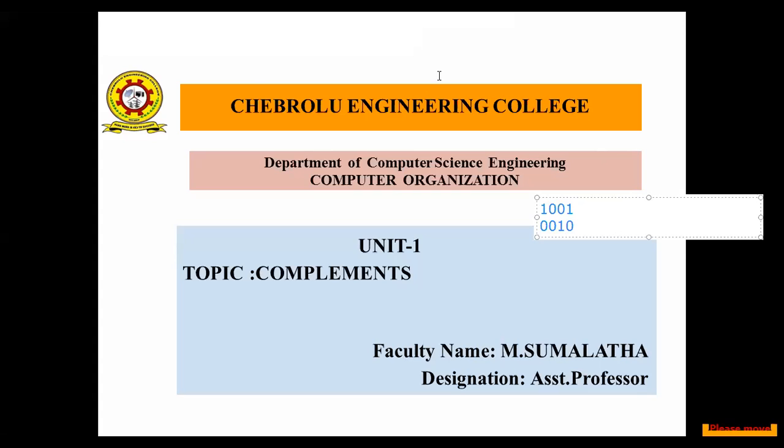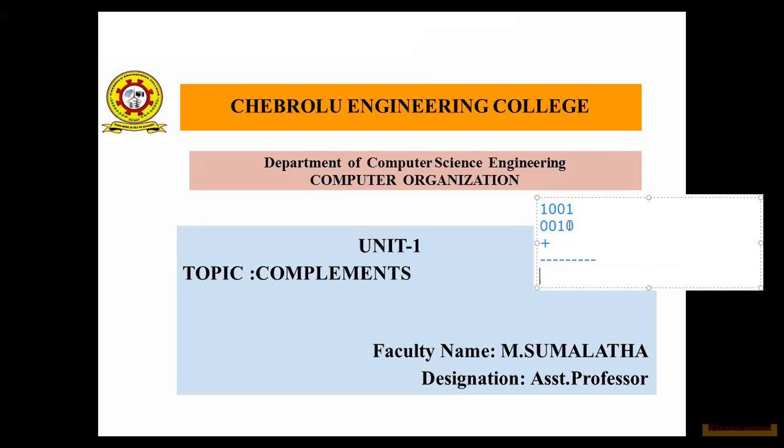These are the two binary numbers we are taking. Now we are doing the binary addition. Then what is the result we are getting?